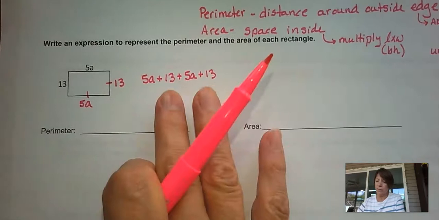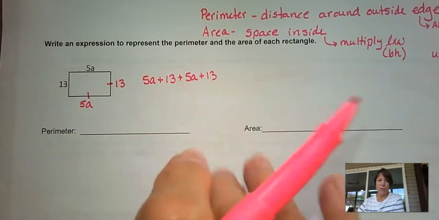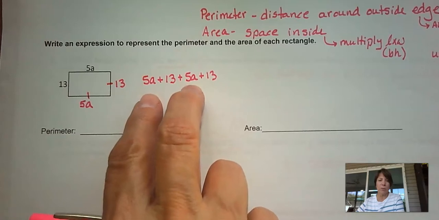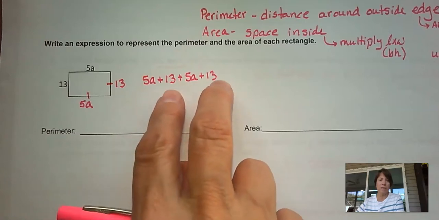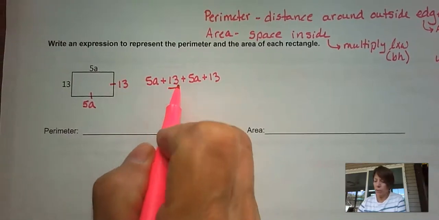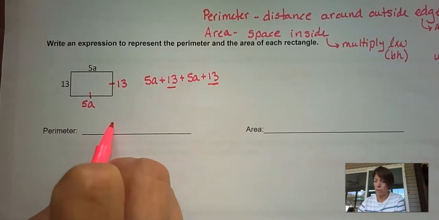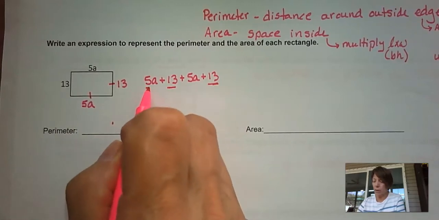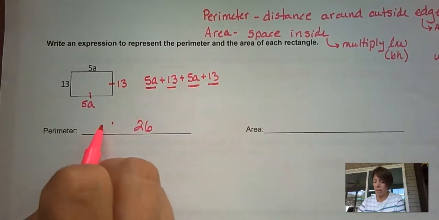So a like term is numbers by itself without any variables, or numbers that have the same variable. As long as they have the same variable, we can combine them. And then numbers, of course, can be combined as always. So we're going to combine our 13 and our 13 to have 26. And then we're going to combine our 5a and our 5a to have 10a.